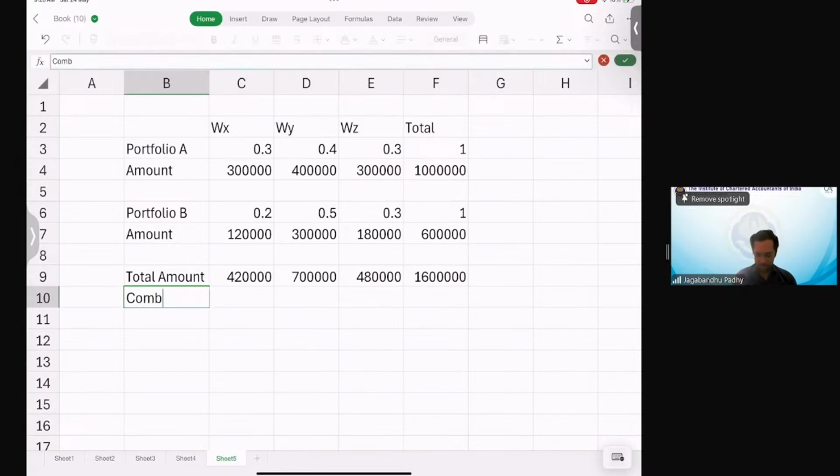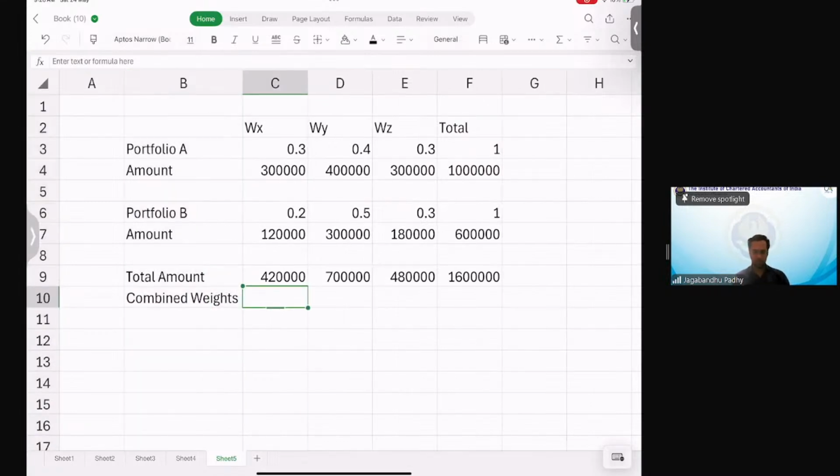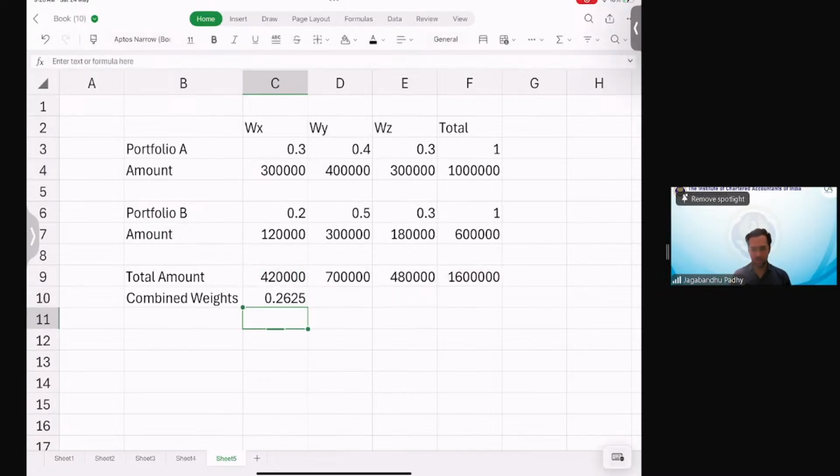Can we get the combined weights now? What is the combined weight? The weight will be, of course, 4 lakh 20 out of 16 lakh, which is 0.2625.